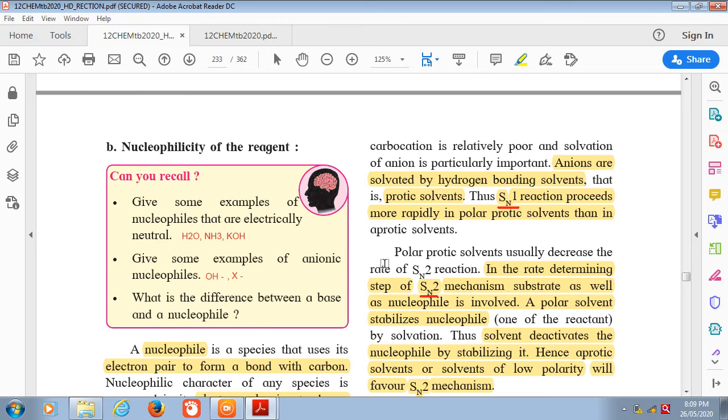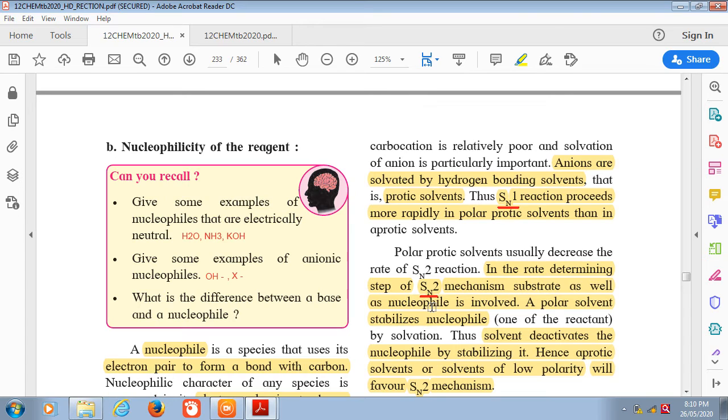But if you observe, a polar protic solvent usually decreases the rate of the SN2 reaction. In the RDS step of the SN2 reaction mechanism, the substrate as well as the nucleophile is involved. If there is a protic solvent, your nucleophile gets stabilized by the protic solvent. So instead of attacking the substrate, it gets stabilized, and the reaction is not favored.